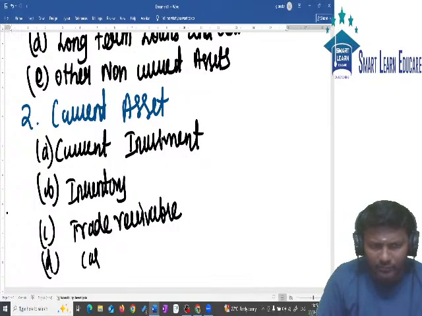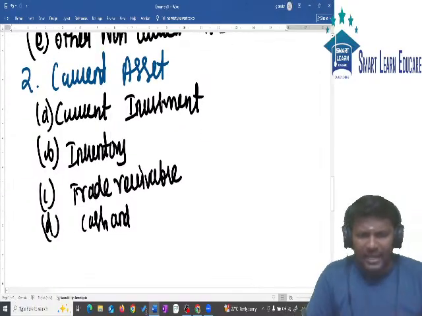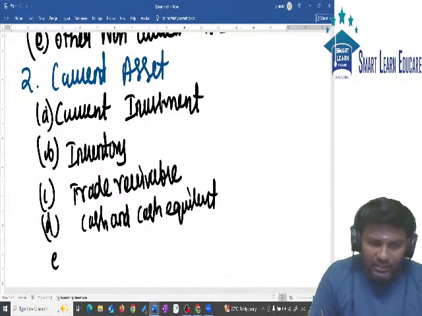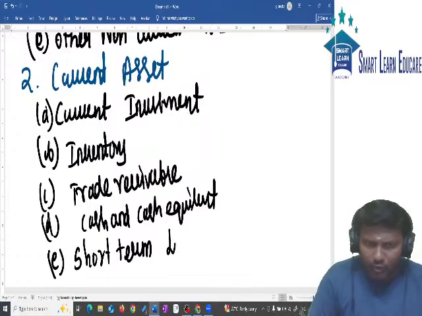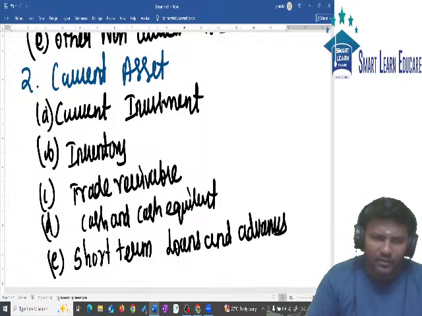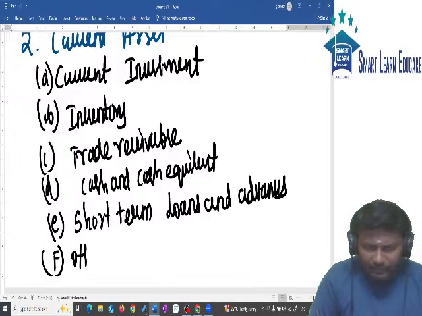Fourth one, we studied in AS 3, when studying cash flow: cash and cash equivalent. Short term loans and advances. Last one, F, other current assets.